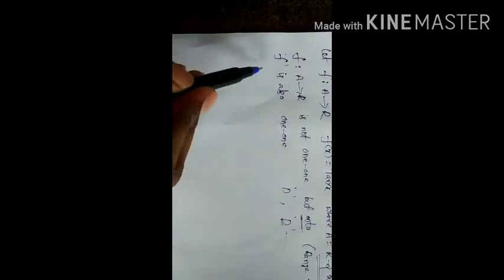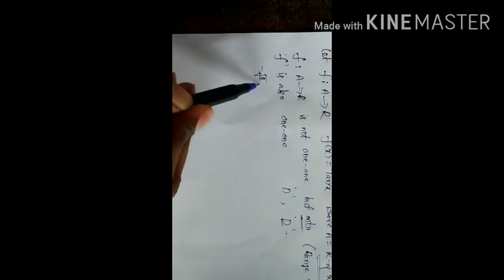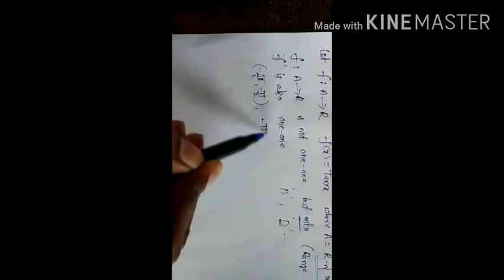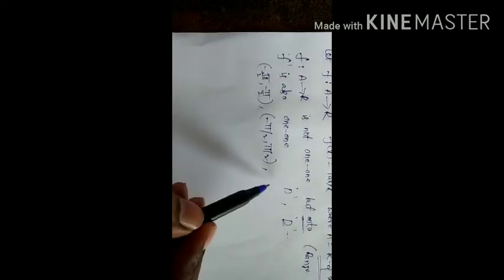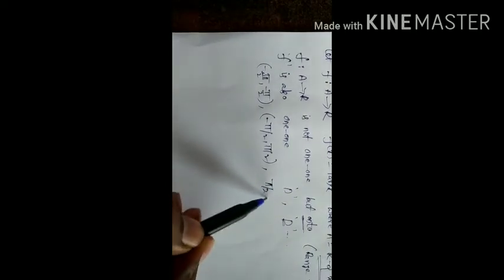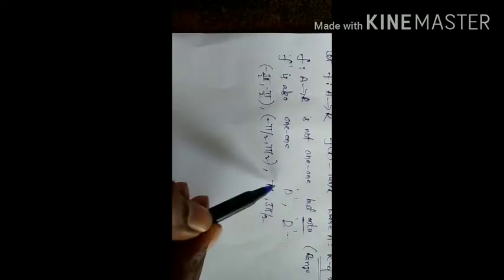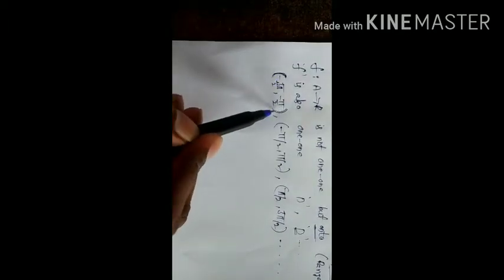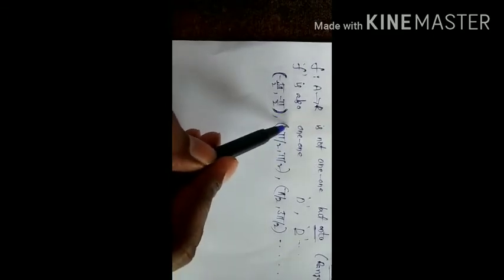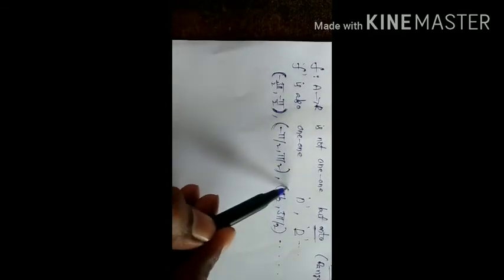The following are the intervals of domain: minus 3π/2 to minus π/2, minus π/2 to π/2, and π/2 to 3π/2, and so on. Here you should observe these intervals have open brackets.